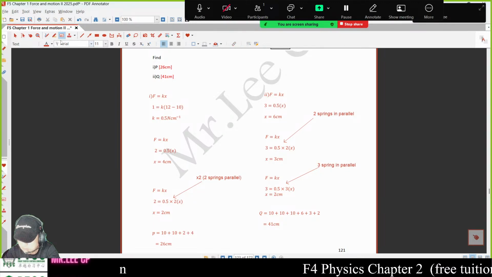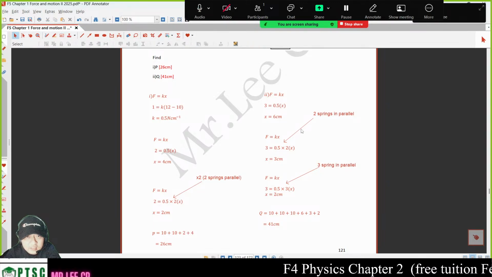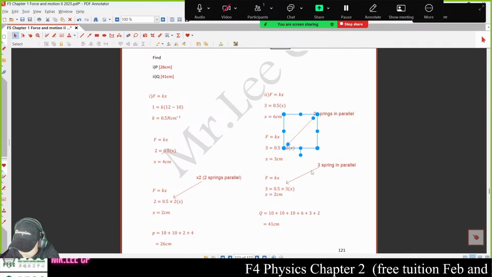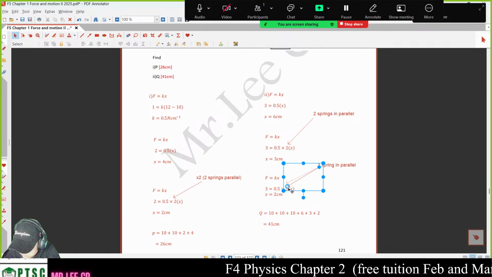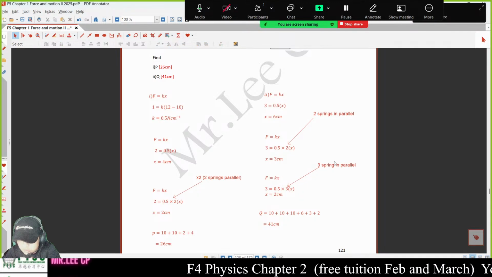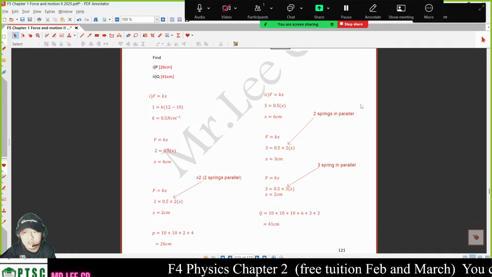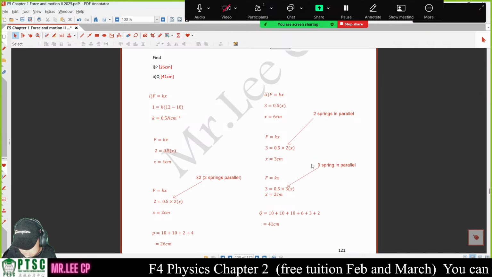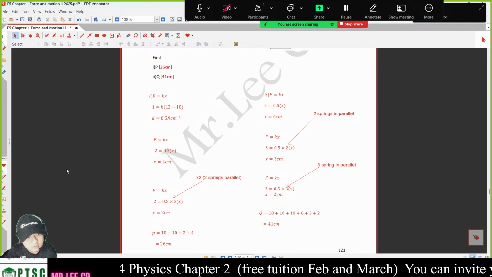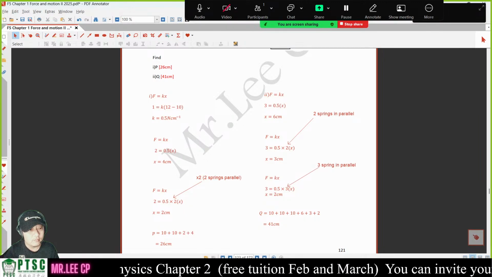Okay, so I put it nicer a bit. 3, this one times 2, this one times 3, because 3 springs in parallel. So you times 2, times 3. Are you okay with here? Can you understand?